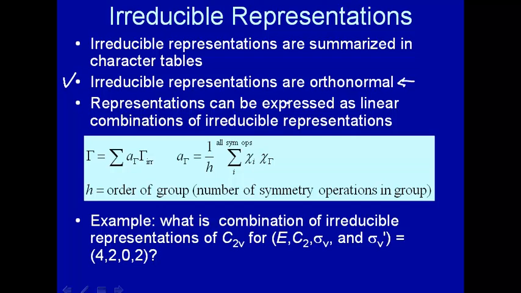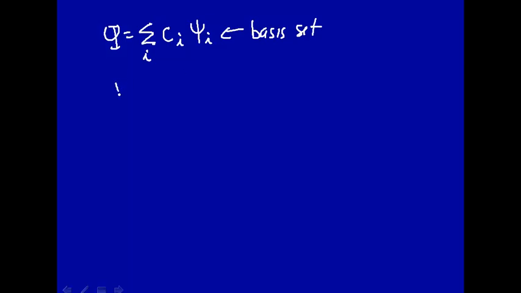All right. Now, representations can be expressed as linear combinations of irreducible representations. Just like we did before, for example, when we express some wave function as some linear combination of basis set wave functions psi i, or any vector r as a linear combination, let's use a 2D Cartesian coordinate with c1 times i plus c2 times j.